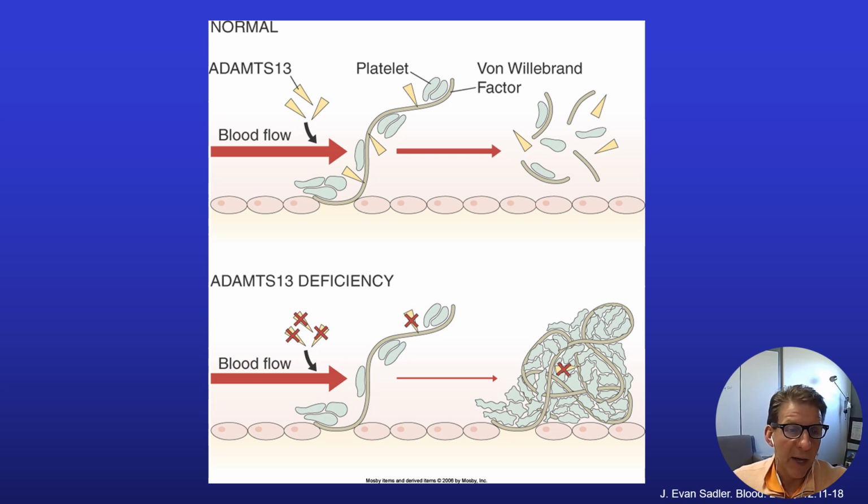This happens under higher shear forces, which you see in the arterioles, and that's why you see the microvascular disease. When you get these microvascular clumps of platelets and von Willebrand factor, red cells that go whizzing by will get torn and mechanically hemolyzed, and that's the hemolysis that you see in TTP. So the hemolysis is a sign of the disease. It's a result of the microthrombotic disease, which really drives the clinical presentation of TTP.